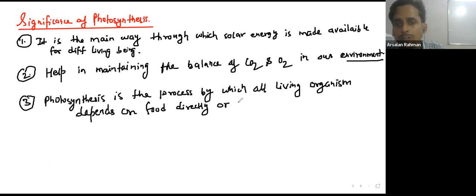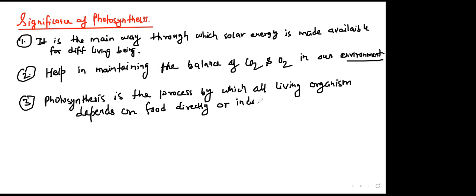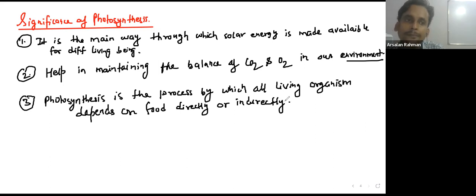Do you perform photosynthesis? No. But photosynthesis is important for you. Either you consume meat or vegetables, it is due to photosynthesis. Please copy this, then we will move to the heterotrophic mode of nutrition.